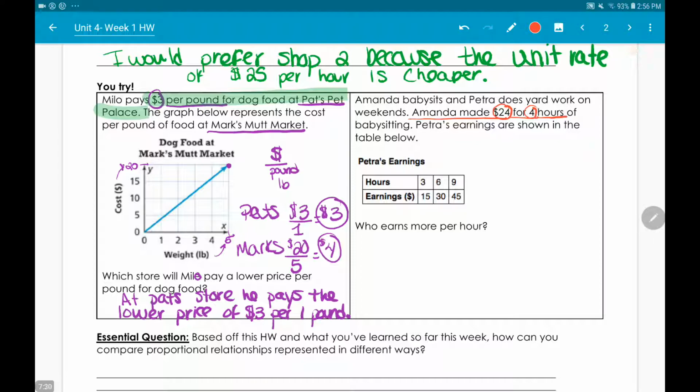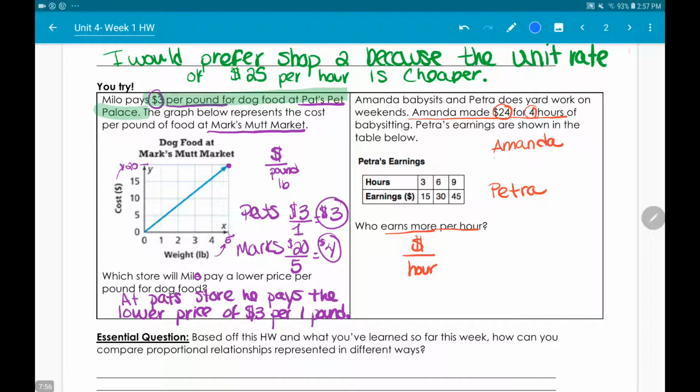Petra's earnings are shown in the table below. So we have Amanda and Petra. Okay, and we're going to figure out who earns more per hour. So we're talking about cost per hour.